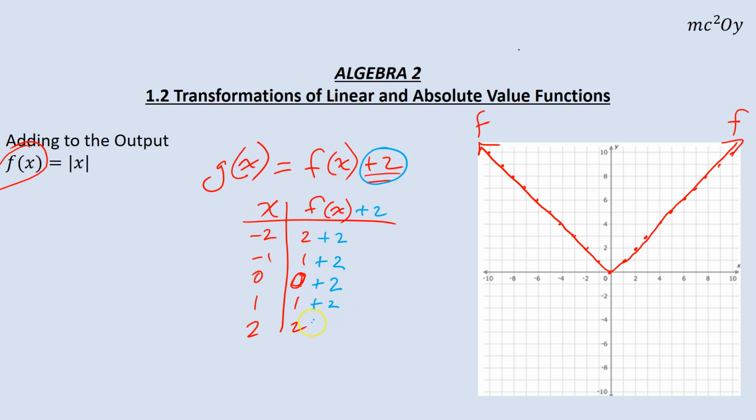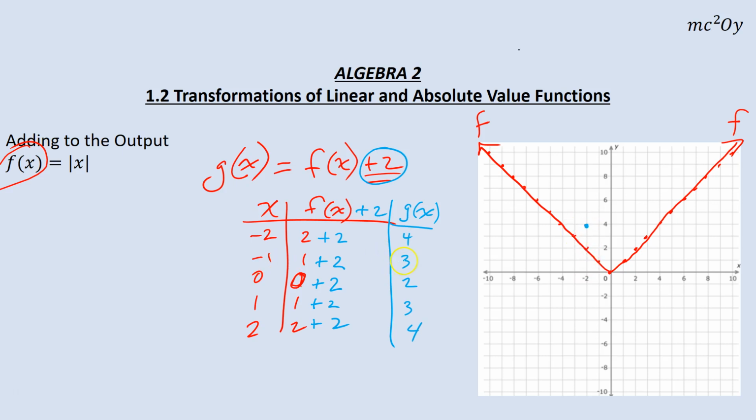And so in graphical format, it looks more like this. So here would be g of x. So 2 plus 2 is 4. 1 plus 2 is 3. 2, 3, and 4. So in graphical format, we take this -2, 4, and we plot it.